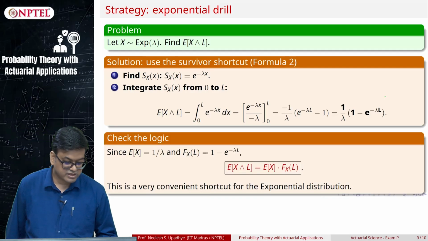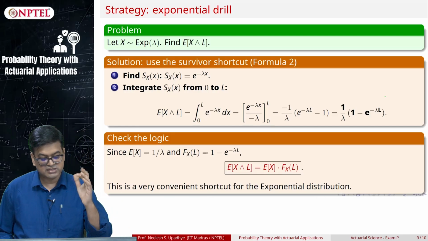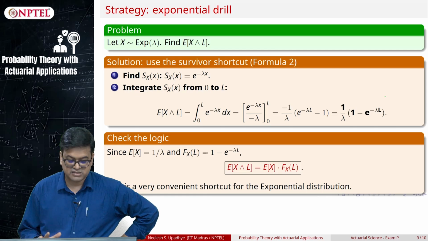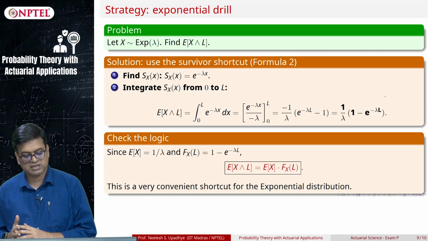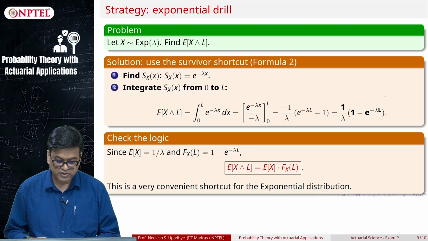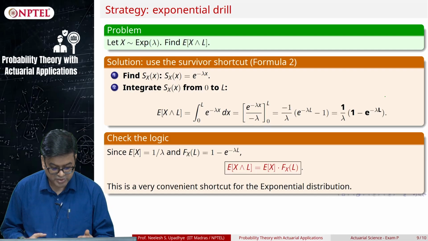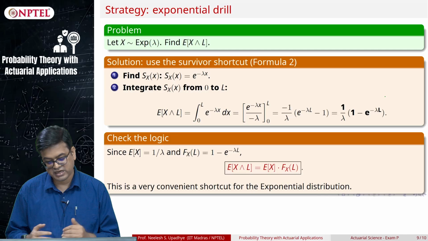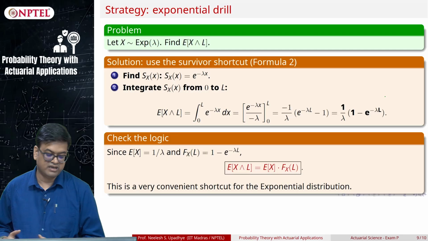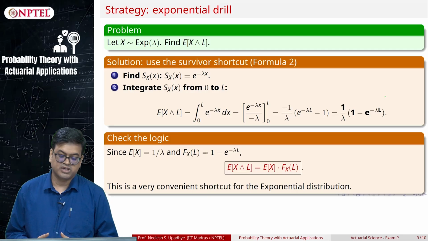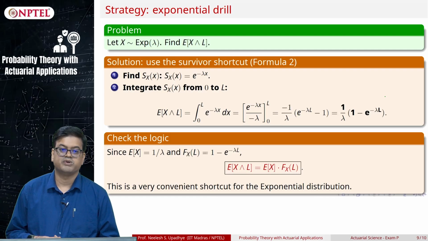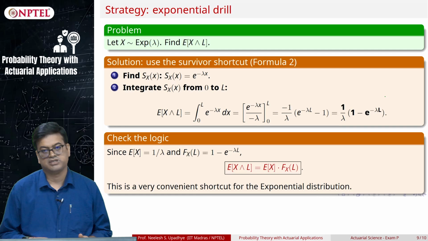So, what is the logic here? The expected value of x is 1 by lambda and the CDF of x is 1 minus e raised to minus lambda L, right. If you look at this particular function, you can see that the expected value of the minimum of x and L is the expected value of x times the CDF at L. This formulation is very convenient to understand and very easy to memorize when I have an exponential distribution.